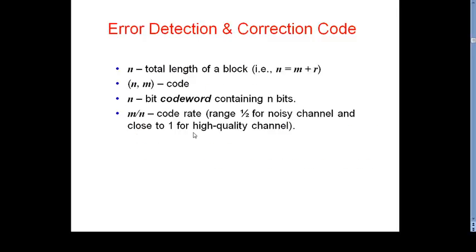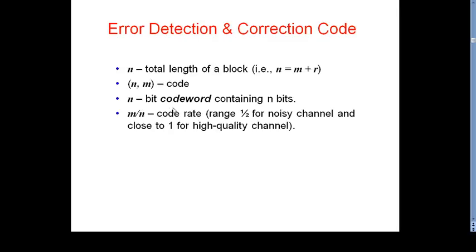The total length of the block is n. So n is equal to message bits plus redundancy bits. So (n, m) is the code. The example is (7, 4), that is the Hamming code.